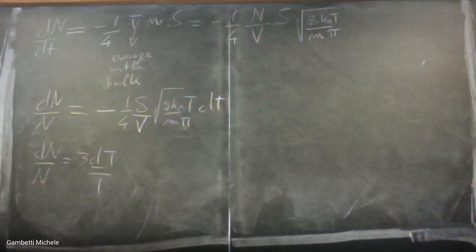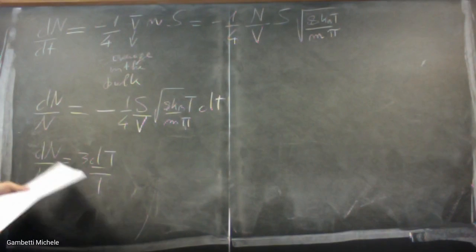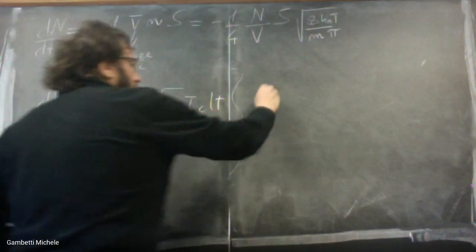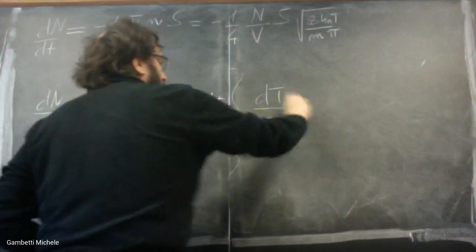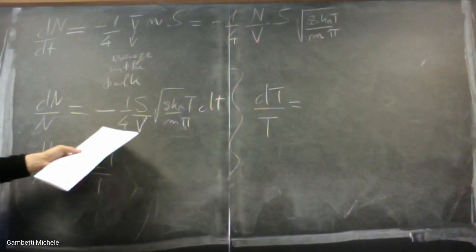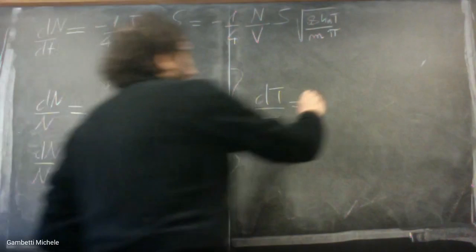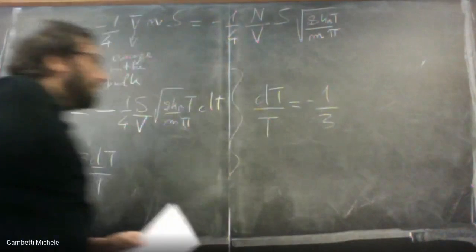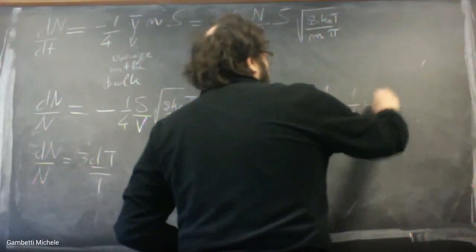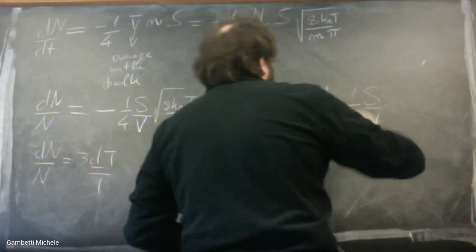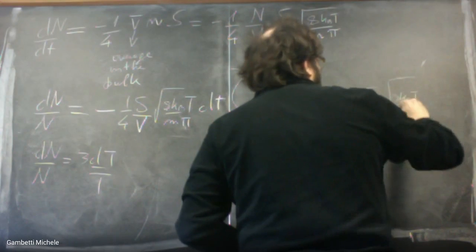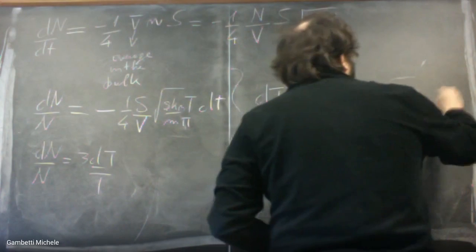And so then basically what I will do is to use now this equation to derive an equation for dT. So dT divided by T is equal to 1/3 minus 1/3. Then I have, okay, I have a factor of 4, S divided by V, and 8 kB T divided by m pi dt.